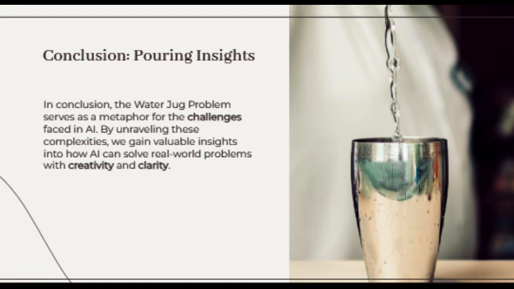So the water jug problem is a pretty good example of how AI can solve a lot of problems for us. Other than that, you guys can search more about it. It helps us in a lot of puzzles and other things as well.